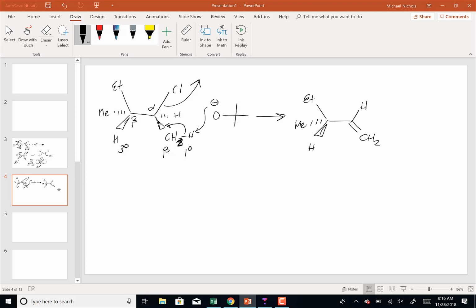What else? Giving a reaction that's either SN1, SN2, E1, or E2, or like the steps.